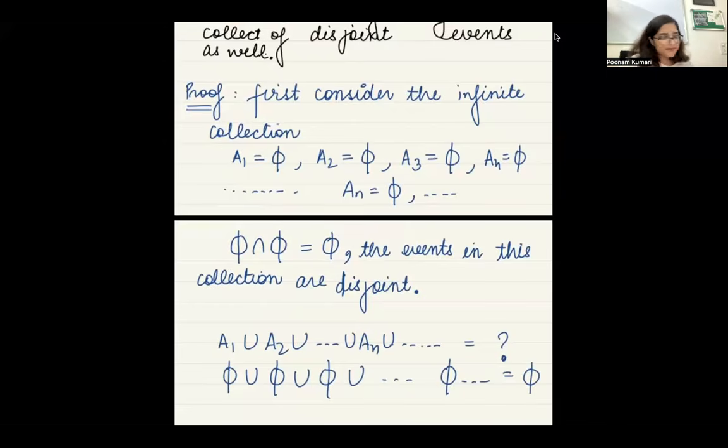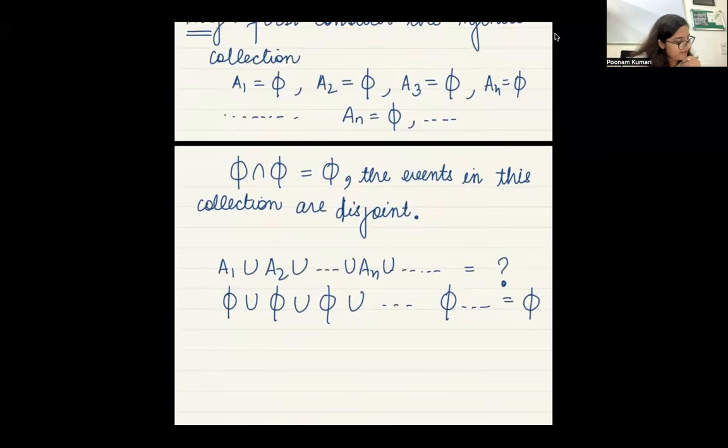So that means the union of Ai is phi. That is basically a way of writing the union of Ai as the union of A1, A2, A3, up to AN, till infinity. So far, so good.